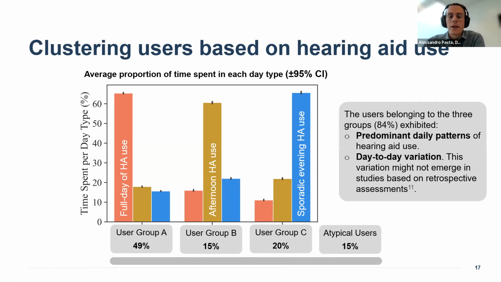Overall, we can see that the users belonging to the three groups exhibited both a predominant daily pattern of hearing aid use, but also some day-to-day variation. Indeed, the predominant day type accounted for around 60% for each of the three user groups. And it should be noted that this day-to-day variation might not emerge in studies that are based on retrospective assessments and therefore suffer from some recall bias.